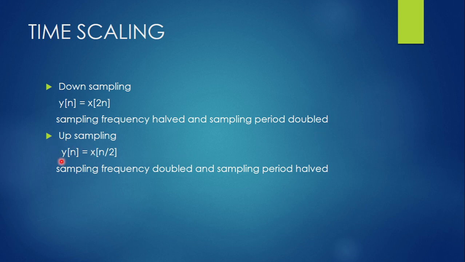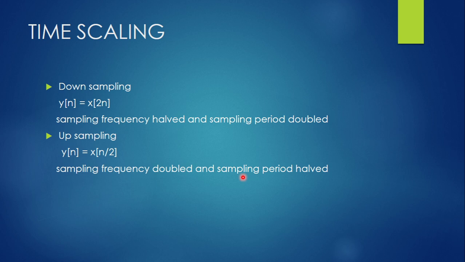And in the case of up sampling, now your sampling period is half and the frequency is doubled. Suppose in a certain time period, we are taking 10 samples. Now in that time period, we will take 20 samples. Suppose we have a sampling period of 2 milliseconds.